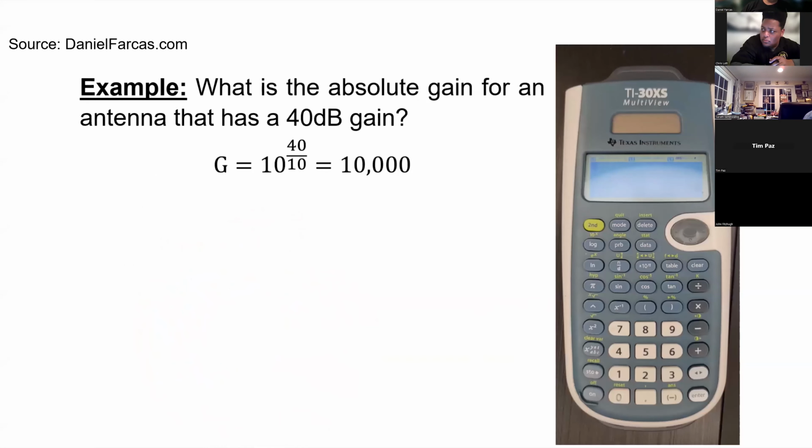For example, what is the absolute gain for an antenna that has a 40 decibel gain? The absolute gain equals 10 to the power of (40 divided by 10), which equals 10,000. The absolute gain is a non-dimensional number.